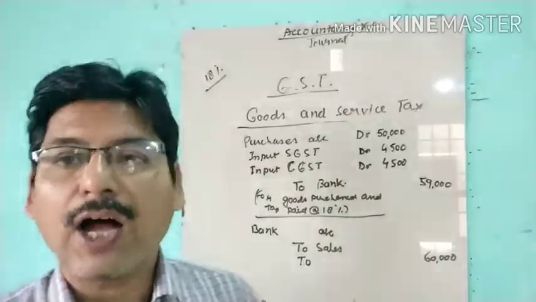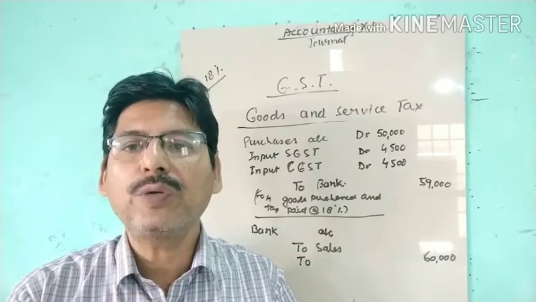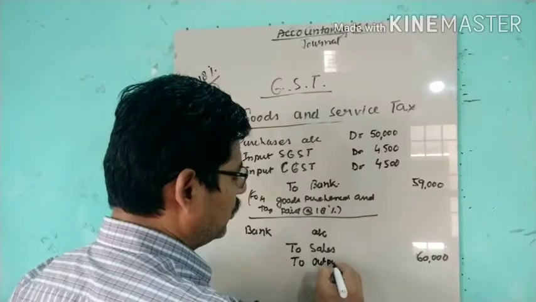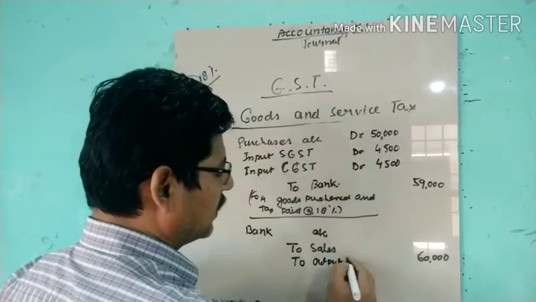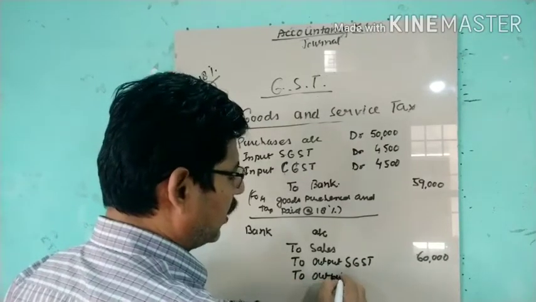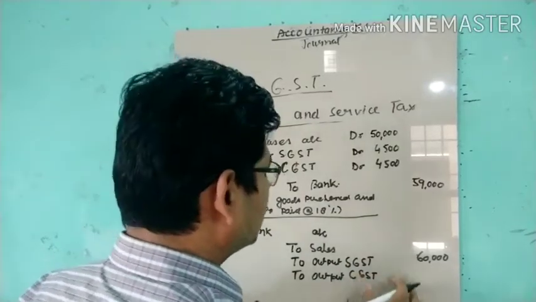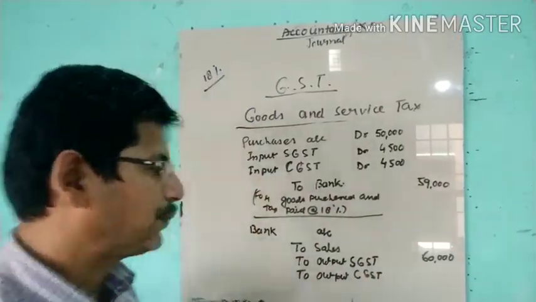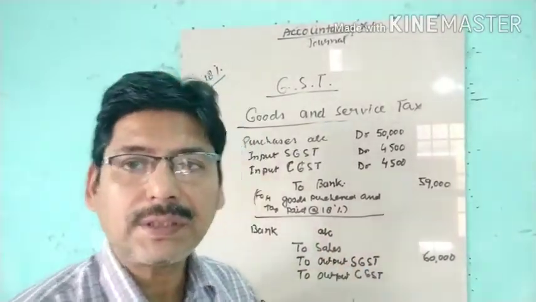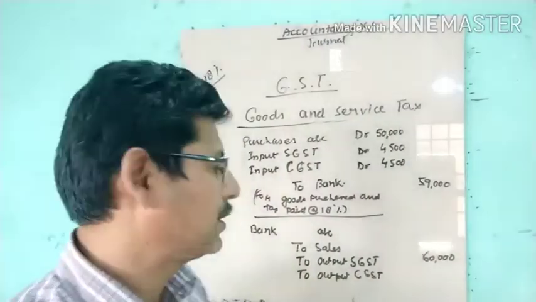When we are selling, this is the tax which will be collected, so we will name it output SGST and output CGST, in two categories. 9% each, because 18% total we have to charge.